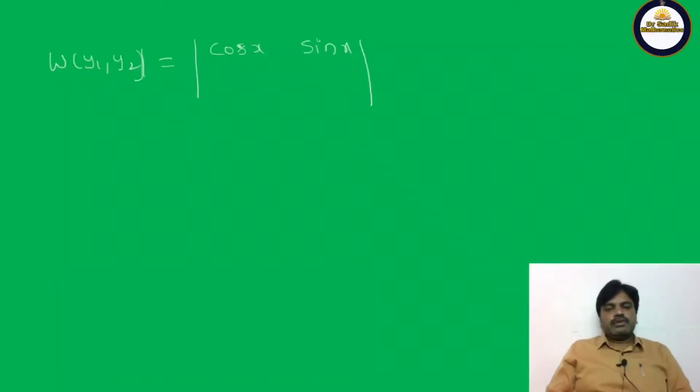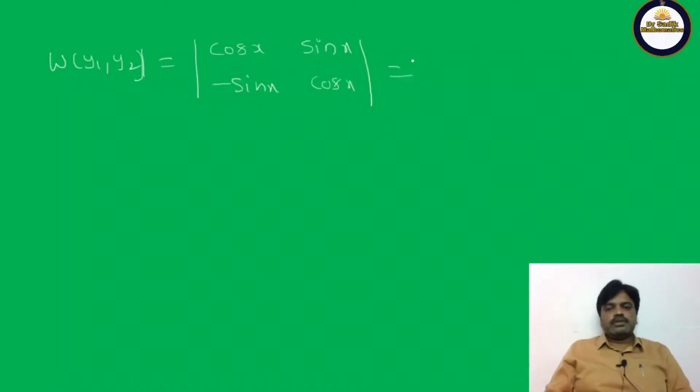Now find the Wronskian of y1, y2. That is equal to the determinant of y1 is cos x, y2 is sin x, y1 dash, the derivative of cos x, is minus sin x, and the derivative of sin x is cos x.